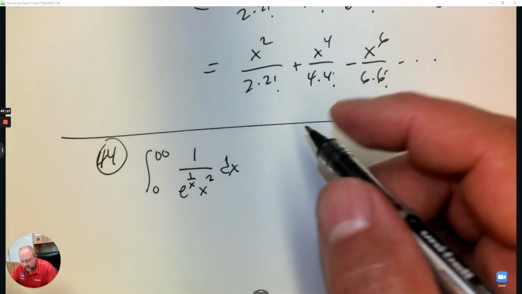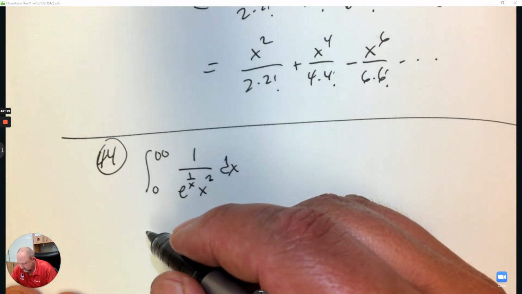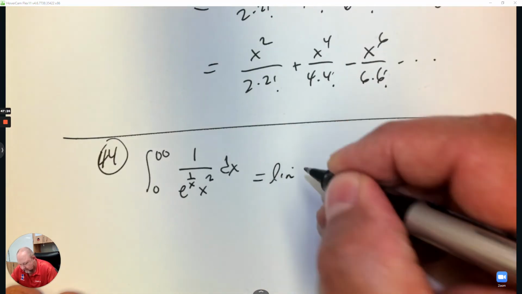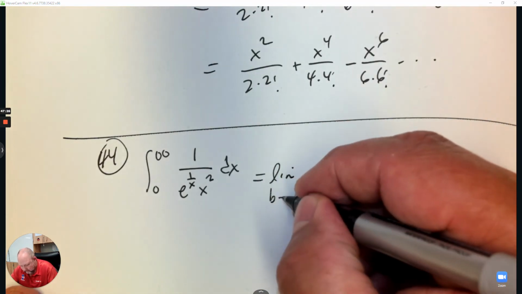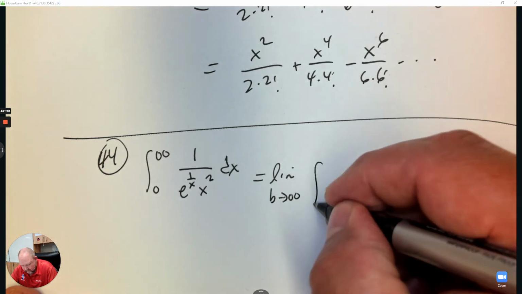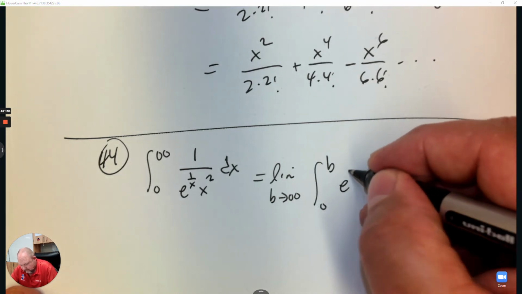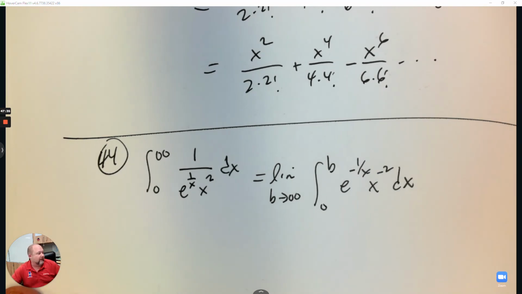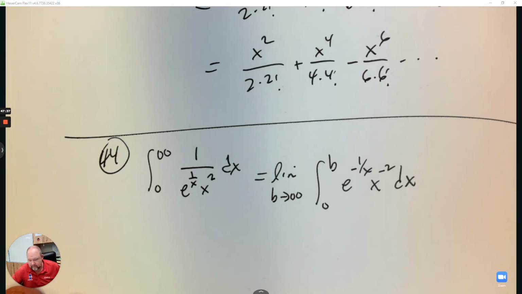So I'm going to write this. You know what? I changed my mind. All right, I'm going to write this as the limit, obviously, as b goes to infinity from 0 to b. I'm going to keep it as this, and I'm going to write this as this. So e to the negative 1 over x. I think this is integration by parts.